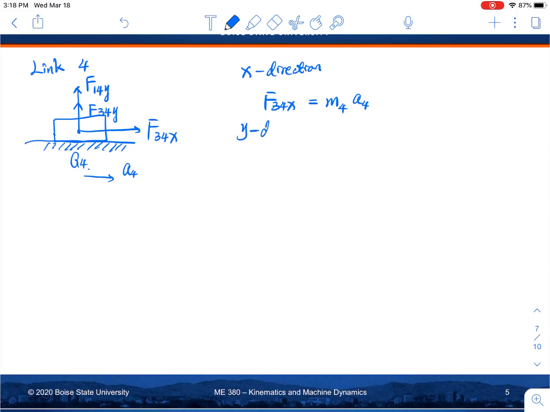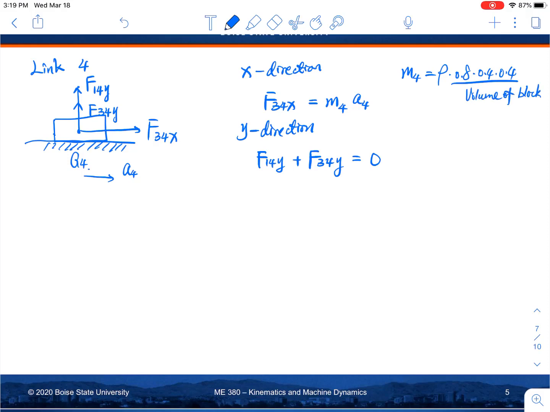So in the y direction, you have F14y plus F34y. That is going to generate no acceleration because your slider cannot bump up and down. So that means the acceleration is 0. The total mass is rho times 0.4 by 0.4 by 0.4. This is the volume of the block 4.